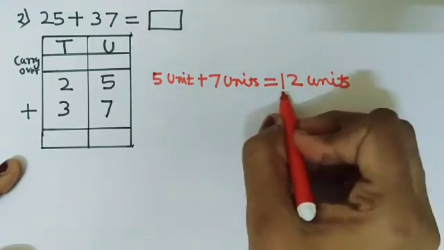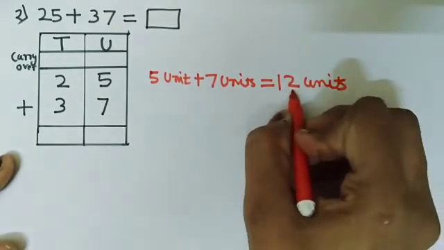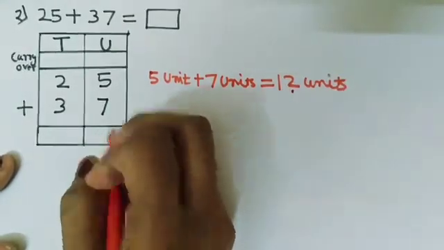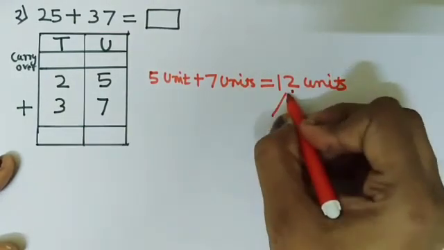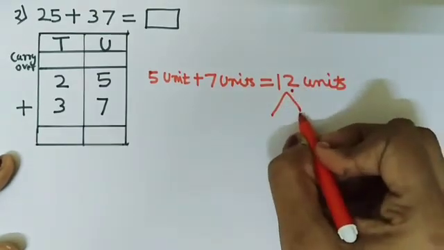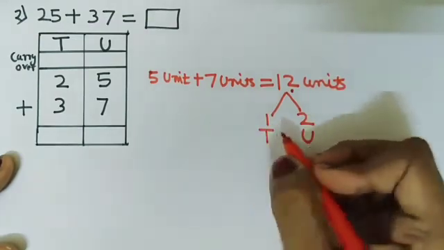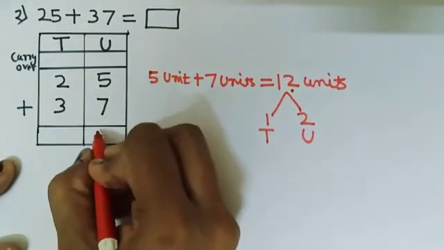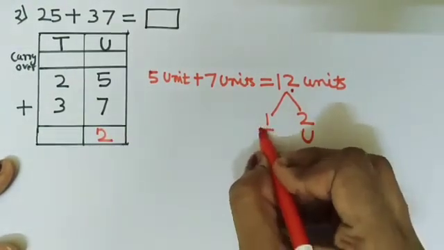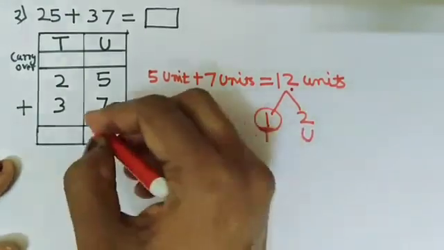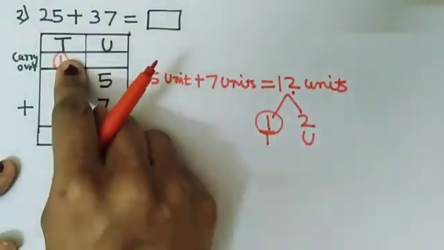Yes, 12 is a 2-digit number. So we can't write a 2-digit number in the unit place. So what will we do children? Yes, we will write 2 at the unit place and 1 at the tens place. Here we will write 2 at the unit place and we will carry over this 1 ten to the tens column. So I will write here 1 as carryover.